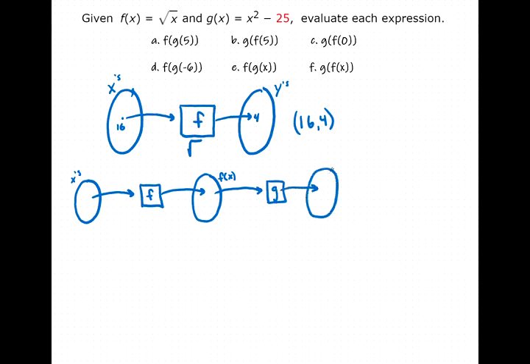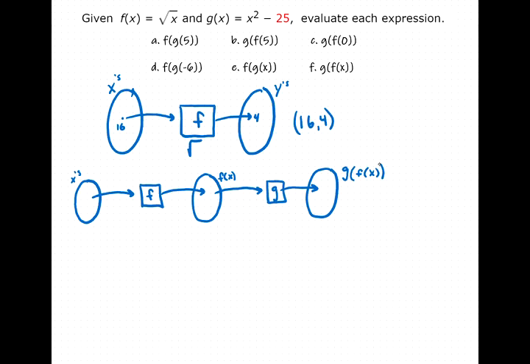And so if a number goes into the f, a different number comes out, and then that number goes into the g function. And then another number comes out. And so the number that comes out is whatever the g function does to the value f of x. So that will be g of f of x.